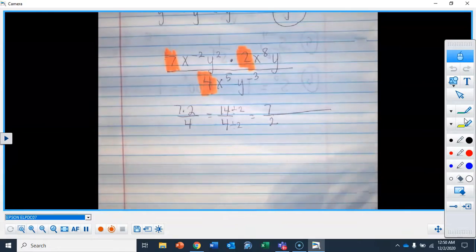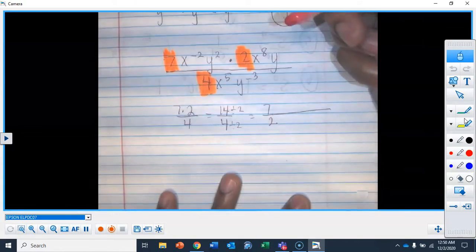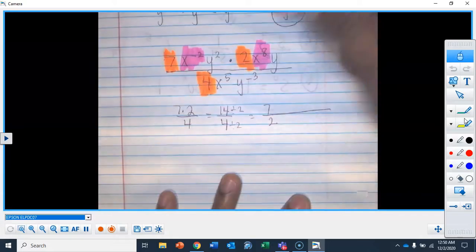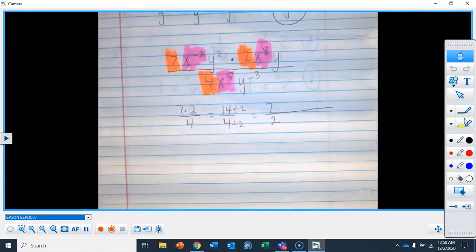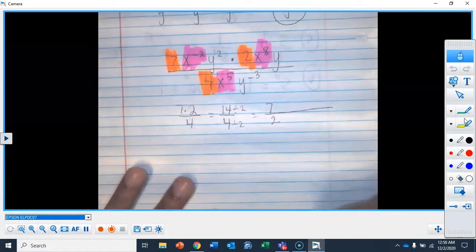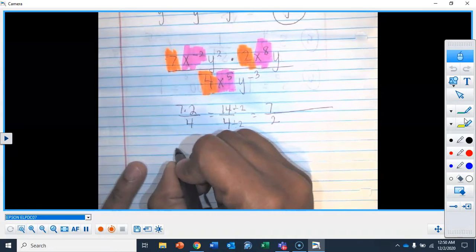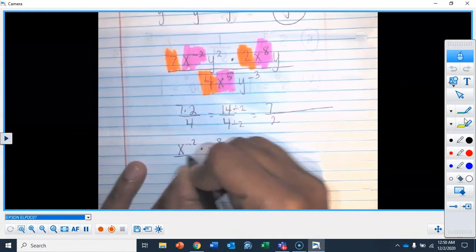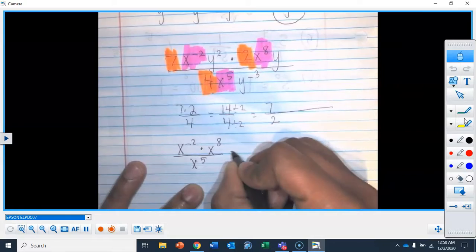Next thing, let's group together our x's. So I'm going to go ahead and say I got x to the negative 2, x to the 8th, and then on the bottom, x to the 5. Okay, so real quick, doing my scratch work, we got x to the negative 2 times x to the 8th, all divided by x to the 5.